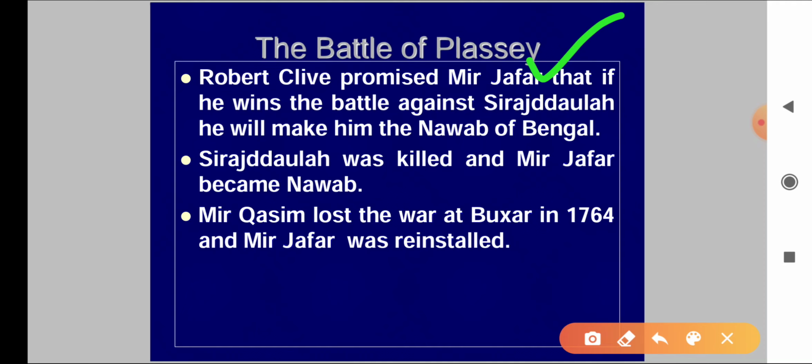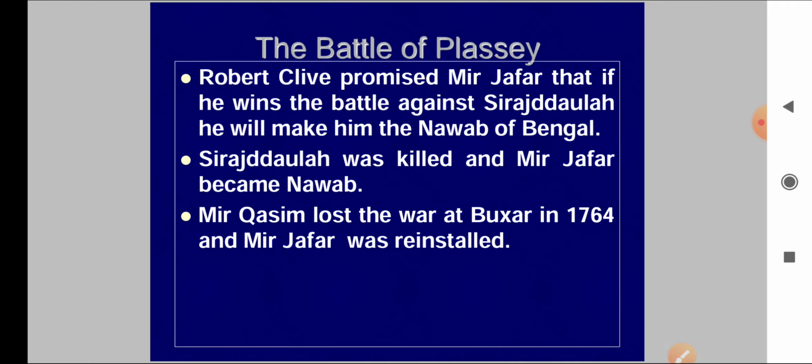But Mir Qasim fought another battle at Buxar in 1764 because he could not fulfill the demand of Britishers. He met the Mughal Emperor and the Nawab of Awadh, and in alliance with these two rulers, one battle was fought in 1764, which is called the Battle of Buxar, which gave complete rights of Bengal.